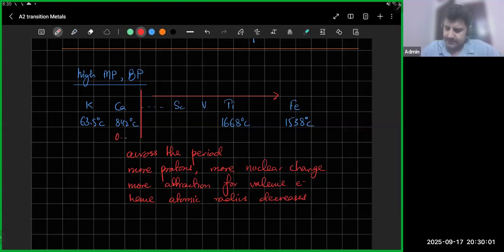Yeah, that's 0.197. And when I talk about the atomic radius of, let's say, iron, that's around 0.126 nanometers.